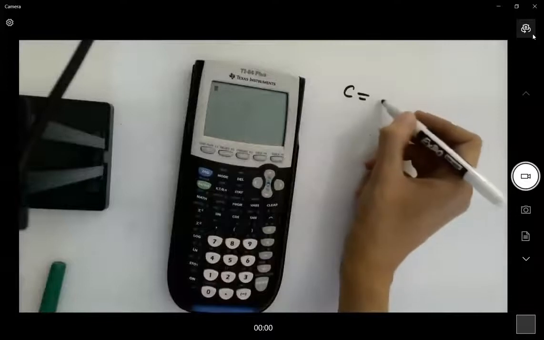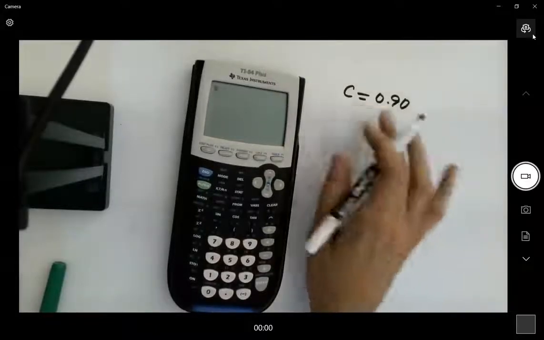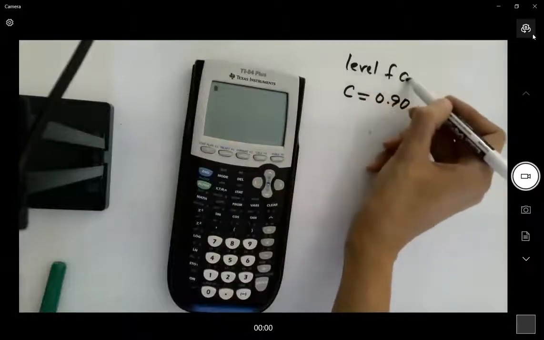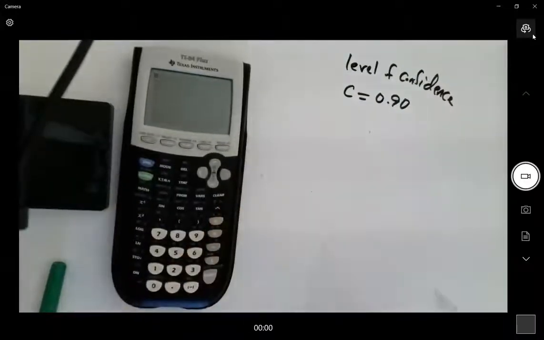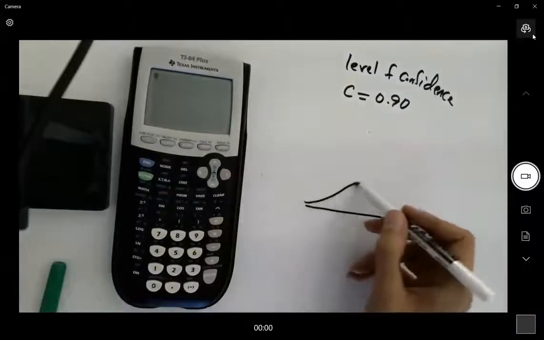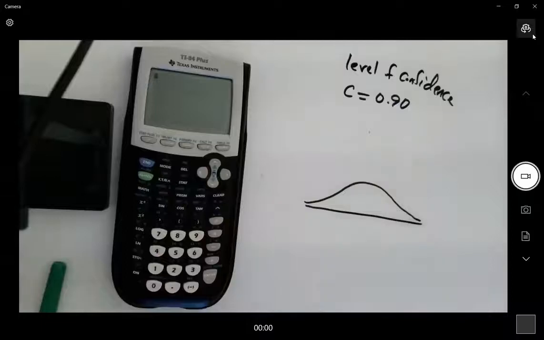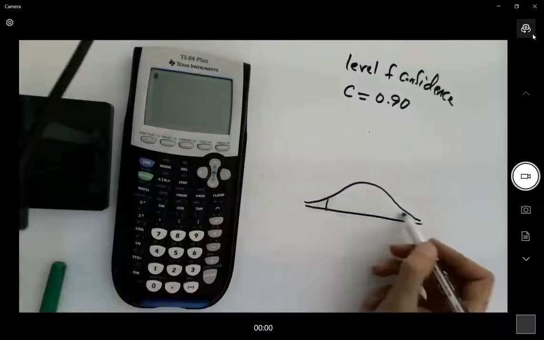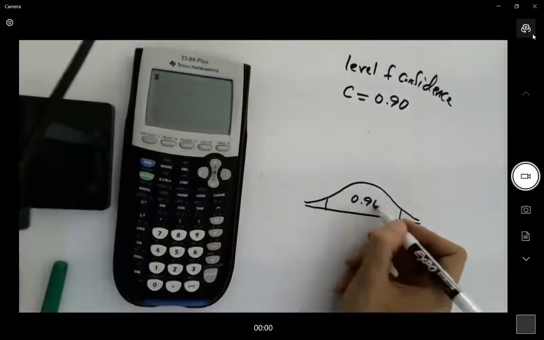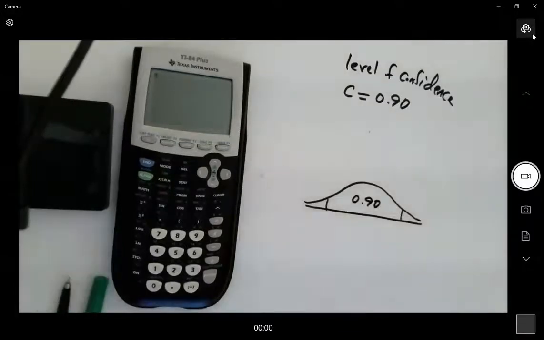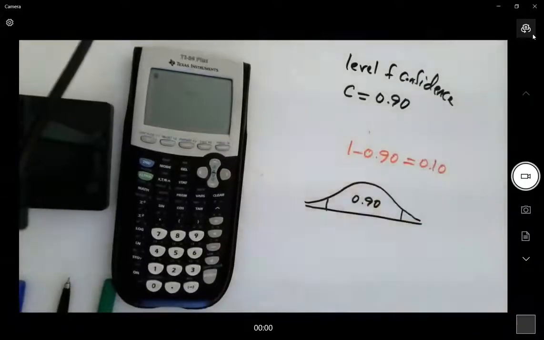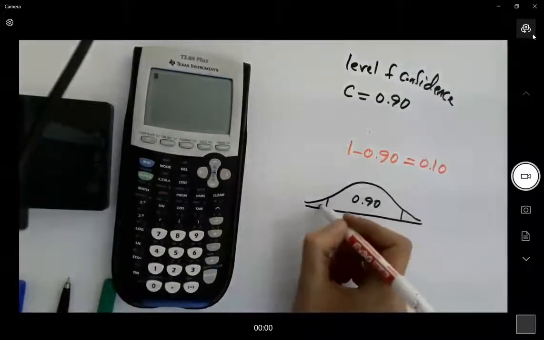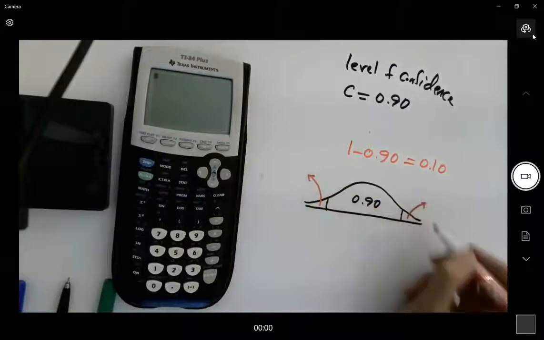So our C is 90%. This is our first level of confidence that we're going to try to find the critical values for. So here we have a normal distribution, and suppose 90% is around here. 1 minus 0.90 is going to give you 10%. 10% divided by 2 is the area to the left and the area to the right.